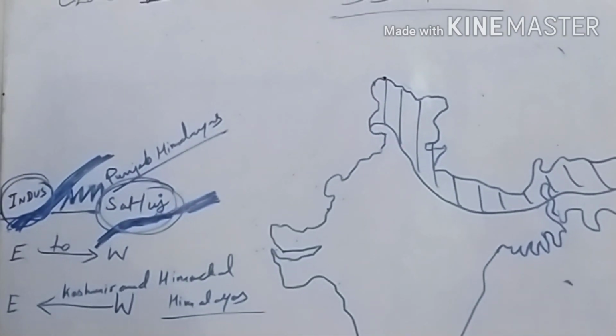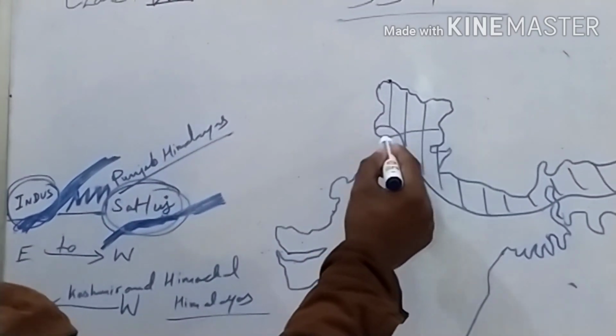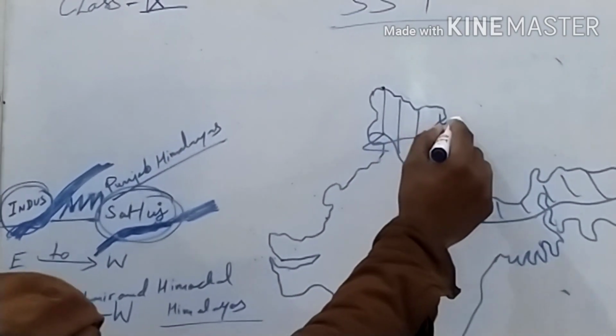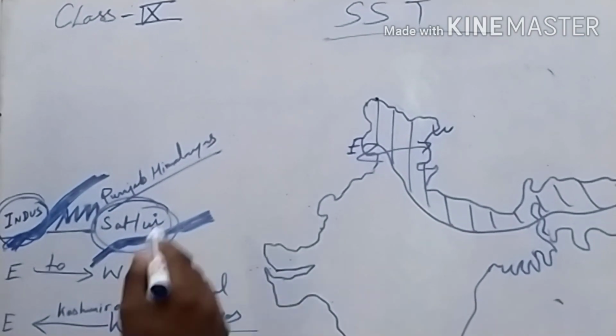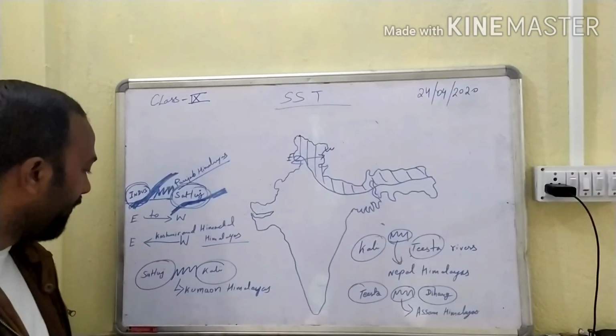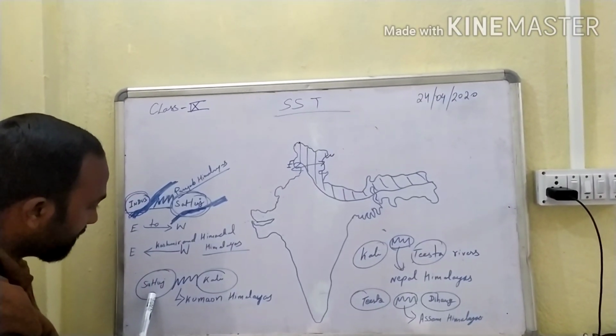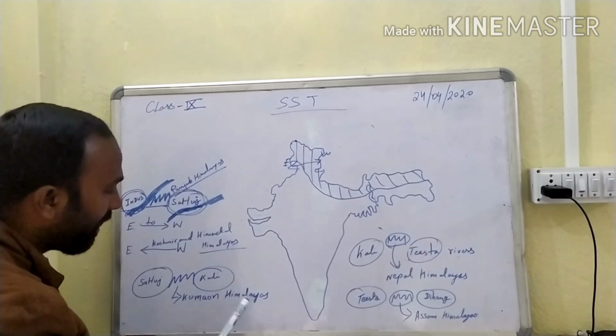Okay. On the other hand, if we see from west to eastward, then the same Himalayas will be called the Kashmir and Himachal Himalayas. The Himalayas that lie between river Satluj and Kali are known as the Kumaon Himalayas.